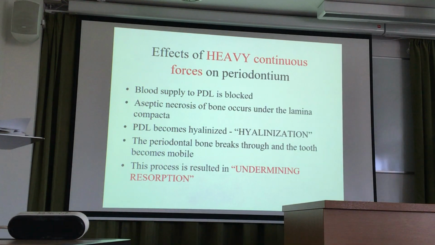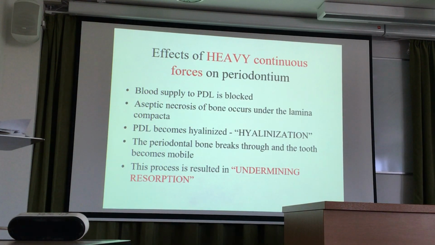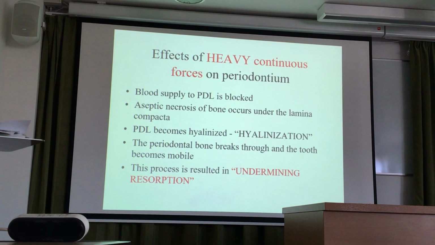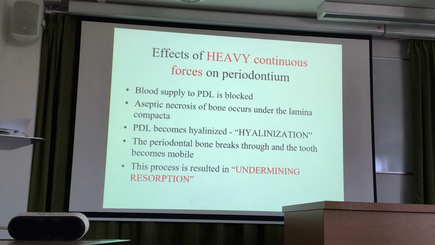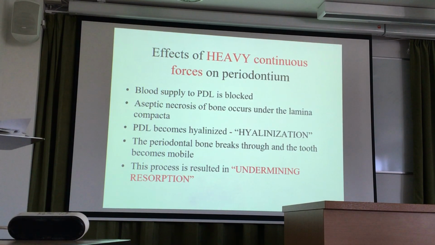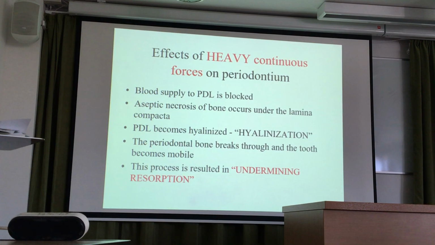So after some time, because of this undermining resorption, the bone marrow side of the lamina dura is distorted, and this undermining distortion will weaken the lamina dura itself.